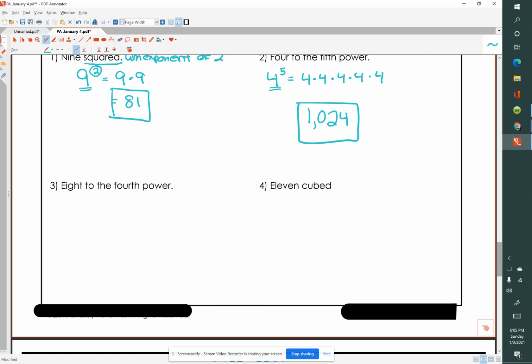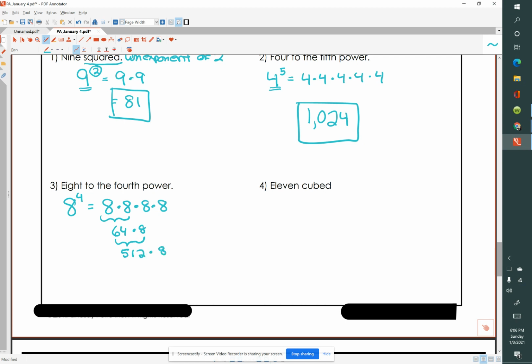Now we have 8 to the 4th power. So that would be 8 with an exponent of 4. So that would be 8 times 8 times 8 times 8. So let's work this out. 8 times 8 is 64. Now we have 64 times 8, which is 512.